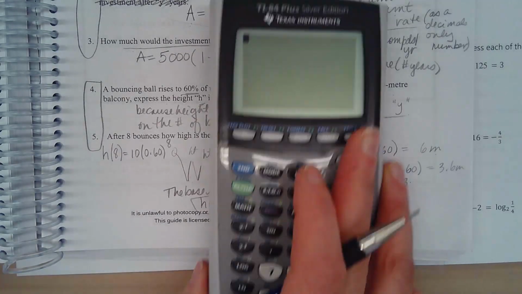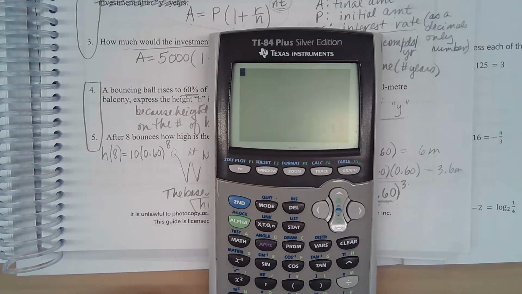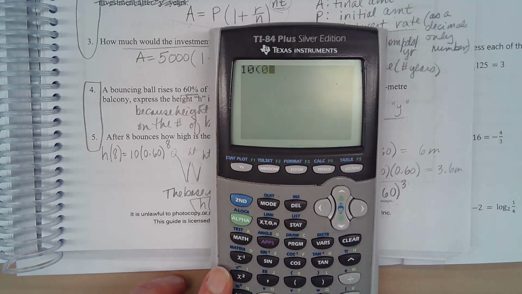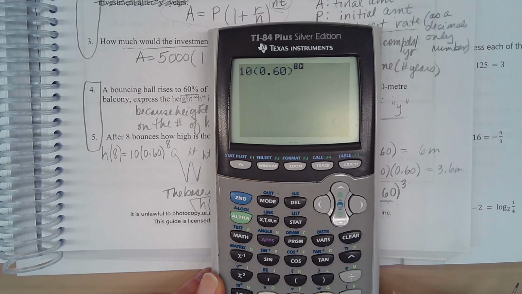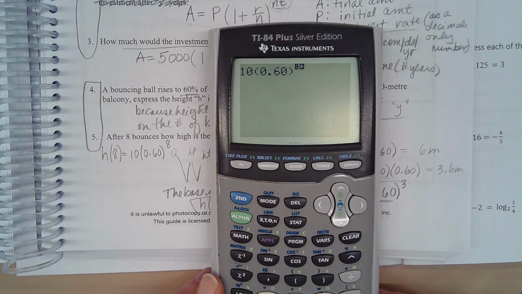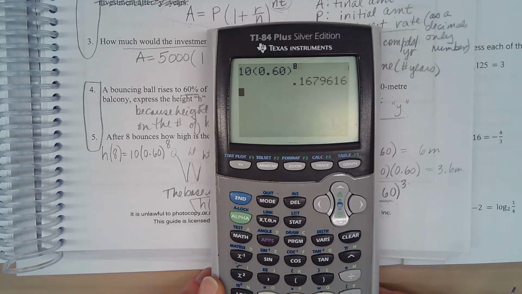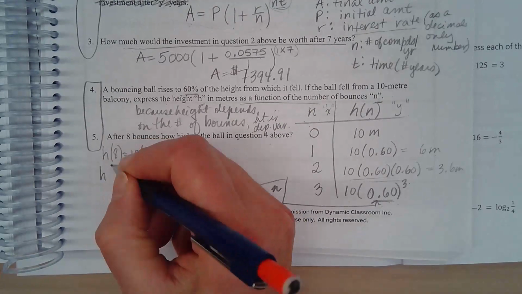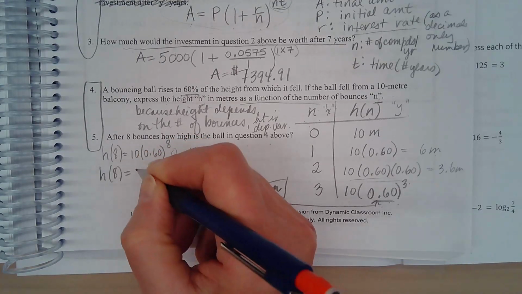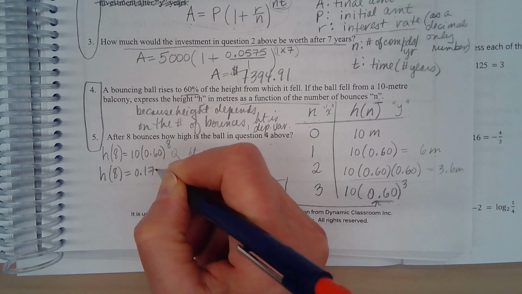That's why you need a calculator, right? Okay, so how high do you think the ball's going to be? 0.17 meters. So h at 8 equals 0.17 meters.